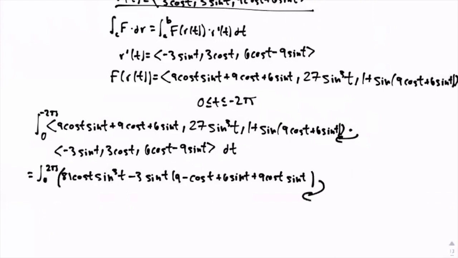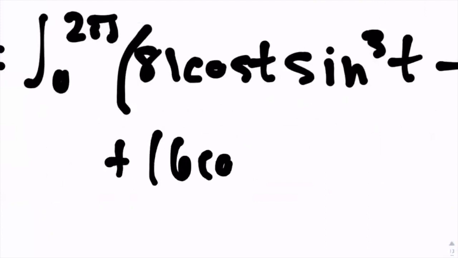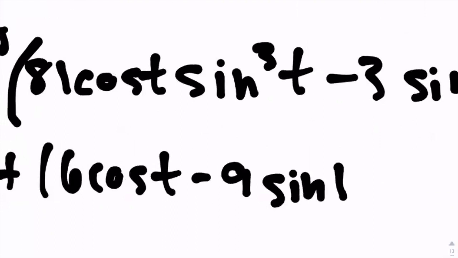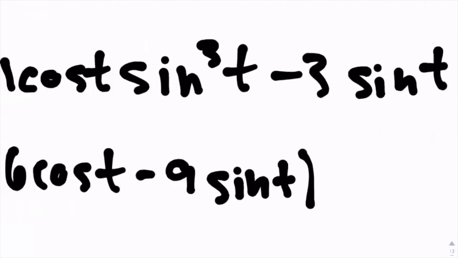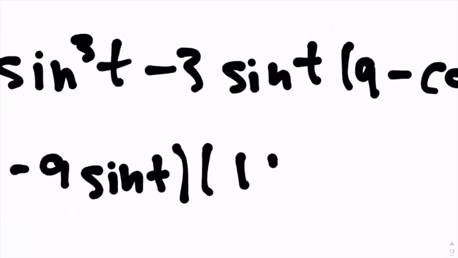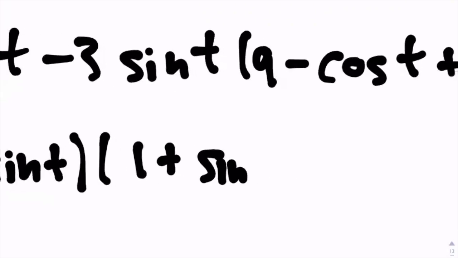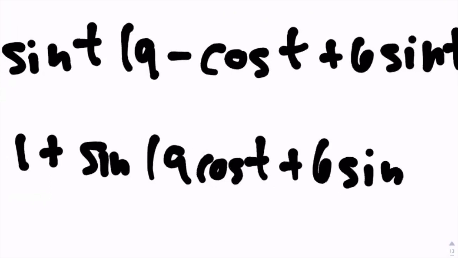I'm going to start a new line for clearness, plus 6 cosine t minus 9 sine t times 1 plus sine of 9 cosine t plus 6 sine t.